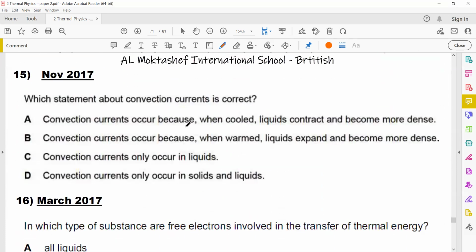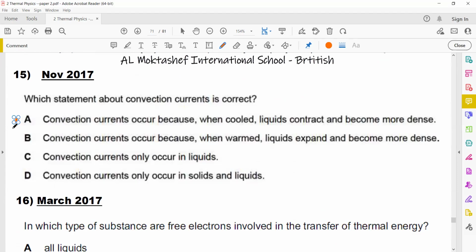November 2017, question number 15. Which statement about convection currents is correct? Convection currents occur because when cooled, liquid contracts and becomes more dense. This is a correct statement, but we should read the other statements.